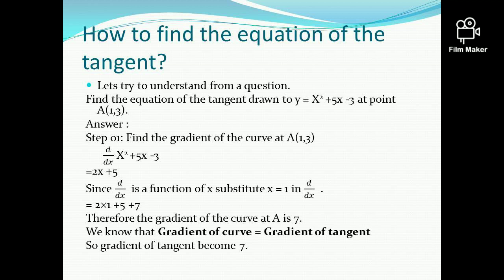Therefore, let's substitute the x coordinate 1 into the first differentiation. If you substitute 1, you receive the answer 7. That means the gradient of the curve is 7. From the theory, the gradient of the curve and the gradient of the tangent are similar. We can say that the gradient of the tangent is also 7.